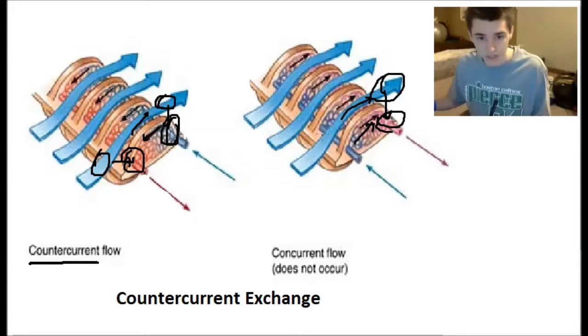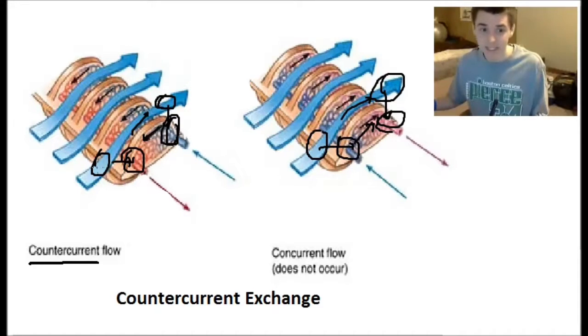Here, what we see is highly oxygenated blood, very low oxygenated water, great diffusion, yes, about the same as here, maybe even a little bit better, but it's not equal. The rate of diffusion is not equal once you continue the blood flow and look at it down the line. And because of that, concurrent flow was not adapted or used by fish in their gill system.